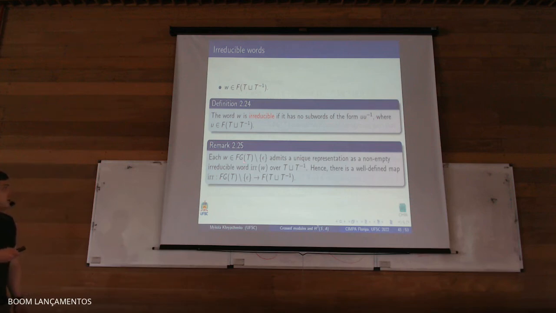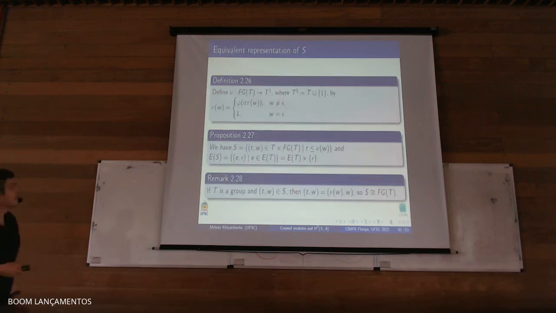Now, you know that any non-empty word in your free group admits a unique representation as an irreducible word. So I will denote it this way. With any word in the free group, I associate a word in the free semigroup, which is irreducible in this sense. So you have a map from the free group without the identity element to the free semigroup, not inverse.